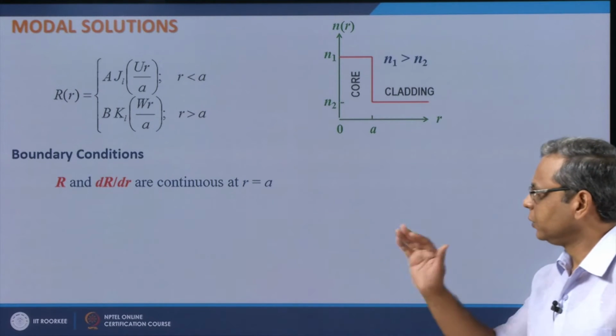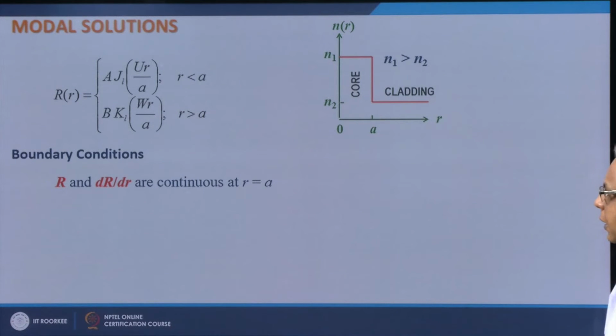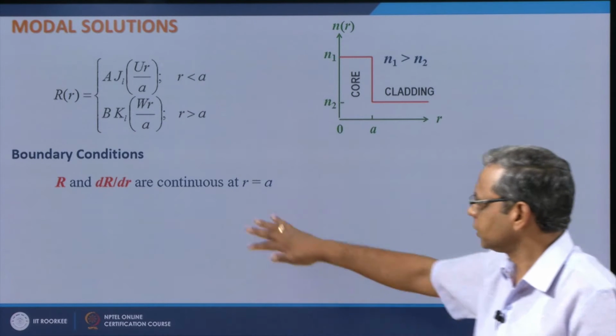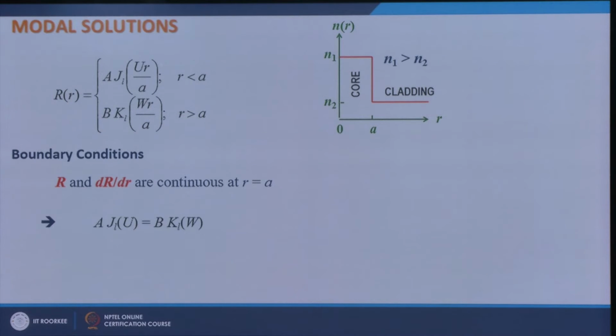Even though they are not exactly tangential at r is equal to a, these are approximate, but they are quite valid for weakly guiding fiber.